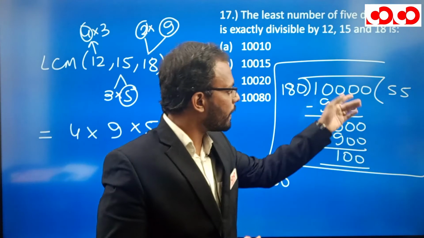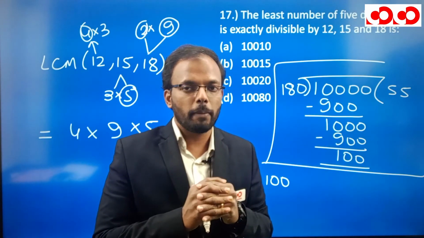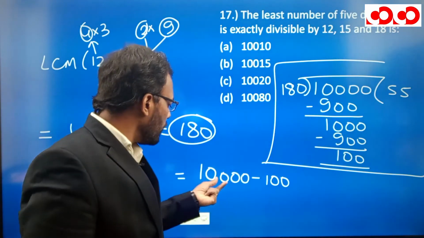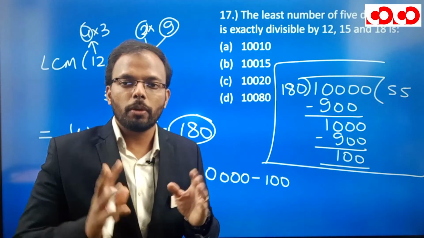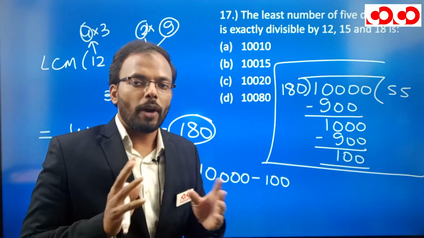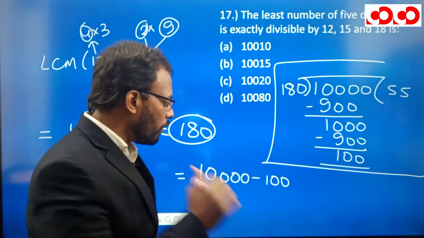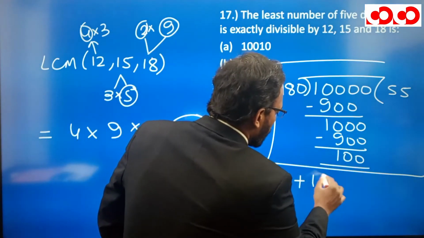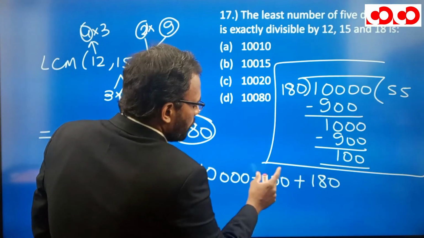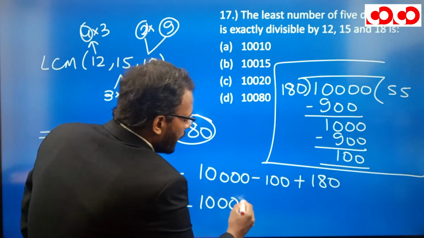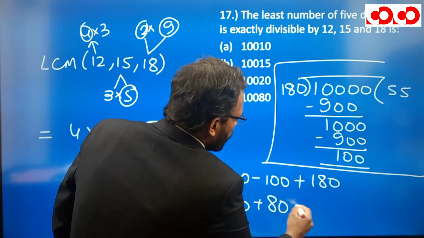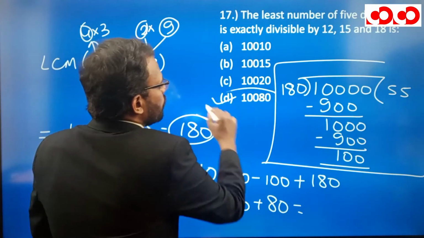So once you subtract it, we will get a number which is divisible by 180. However, even if I subtract 1 from this, it will no longer be a 5-digit number, it will become a 4-digit number. So what we need to do is add 180 over here. As a result, I am adding minus 100 plus 180, which means I am adding 80 over here. So the answer is going to be 10080.